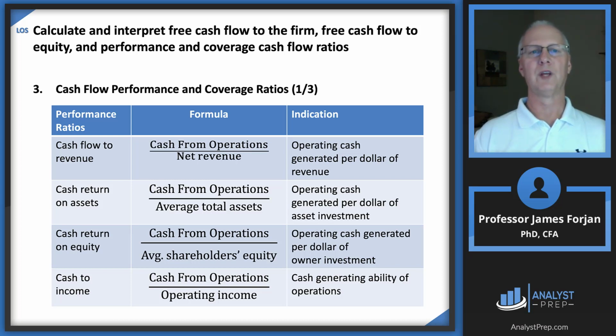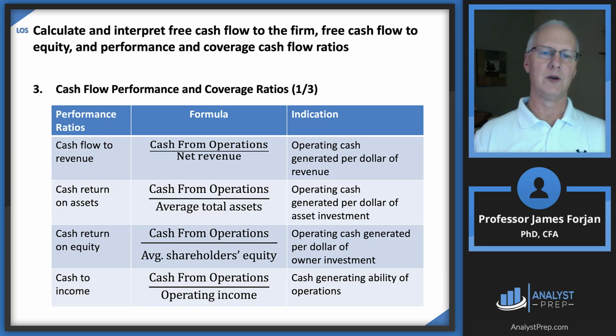How about some ratios? These are really simple ratios. I mean, look down on the left-hand column, cash flow, revenue to assets, equity to income. And so all we're going to do is take our cash from operations and divide by some other account on another financial statement.